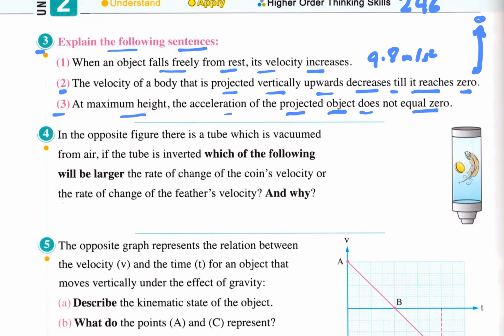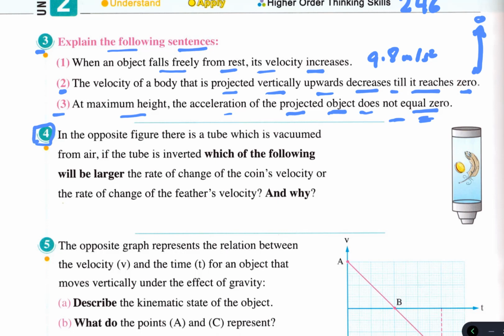While the object goes up, its velocity decreases gradually till it reaches 0. After that, the object changes direction and starts to accelerate toward the ground, so the velocity increases until it reaches maximum velocity when it hits the ground.